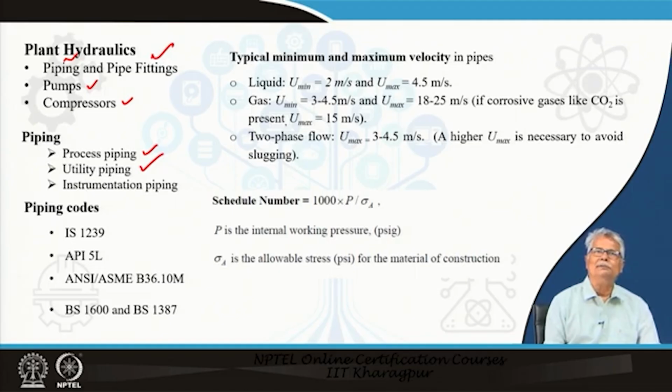And you definitely will be having a system for your instrumentation, which will be powered in most cases by compressed air of a particular quality, which is called instrumentation air. You may also have a utility which is compressed air called plant air.